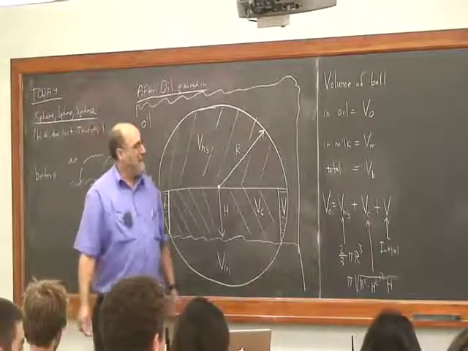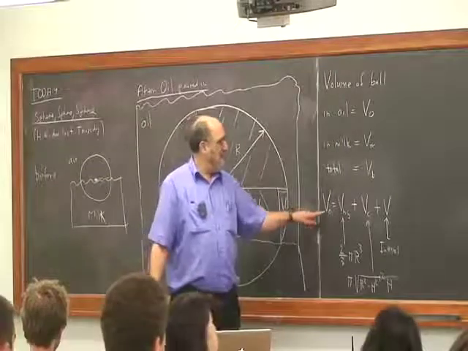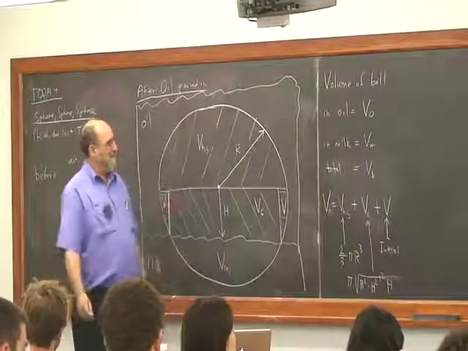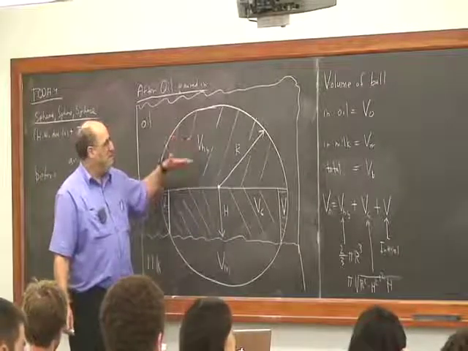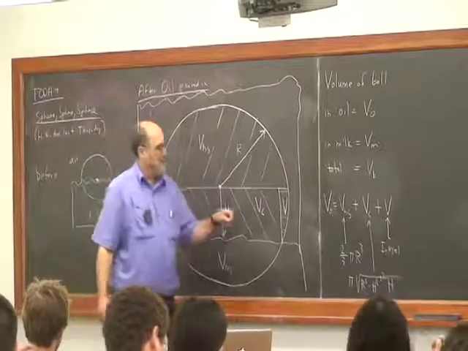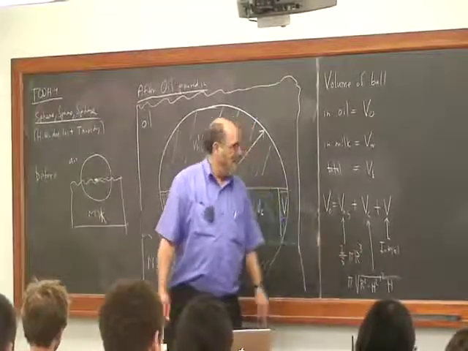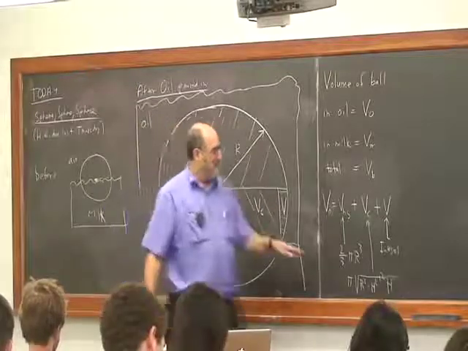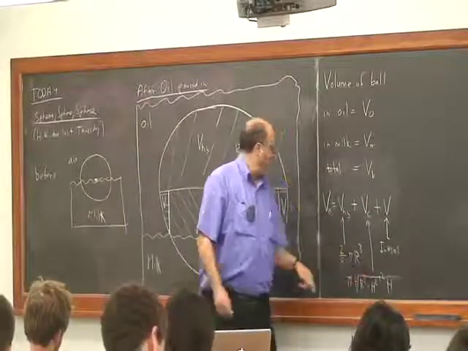And the way that we calculate it is we say the volume in oil, all this stuff up here, is the sum of three volumes. It's the sum of this V_HS, this half cylinder, half sphere, which is 2/3 pi r cubed. It's the volume of this cylinder here, V sub c, which is pi times the radius of the cylinder.